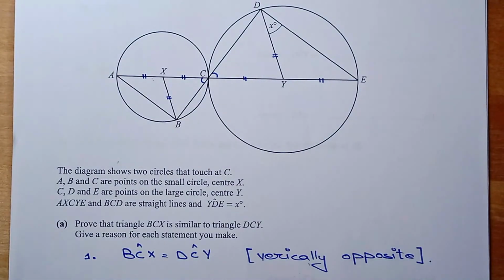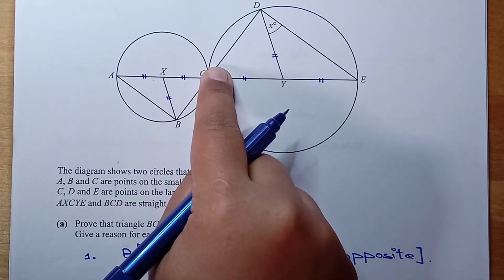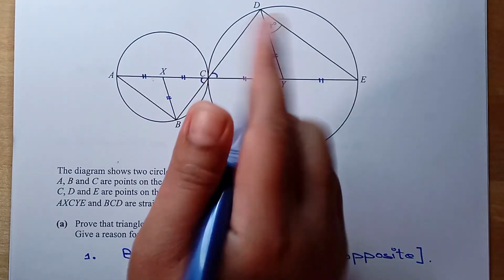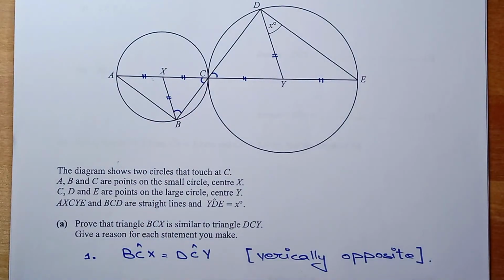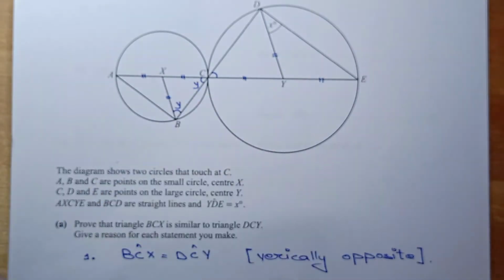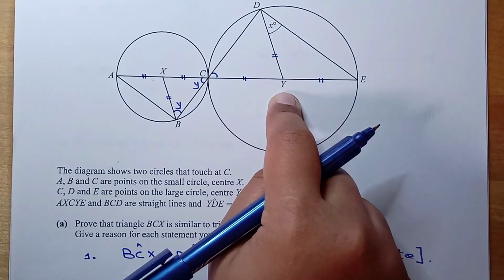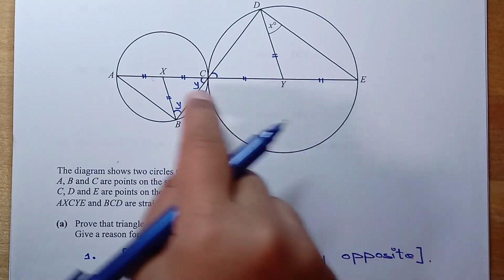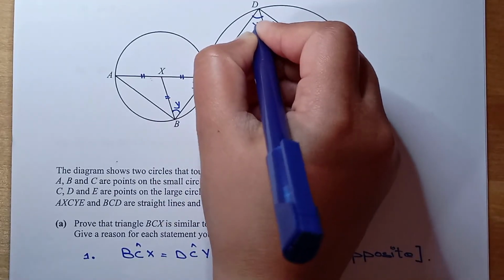Right. Now, angle C is the same. As we know, XB and XC are the same sides, so angle B and angle C are also the same. Let me say these two angles are y. And when CY and DY are the same, angle C and angle D must be equal. So this is y, and this is also y.